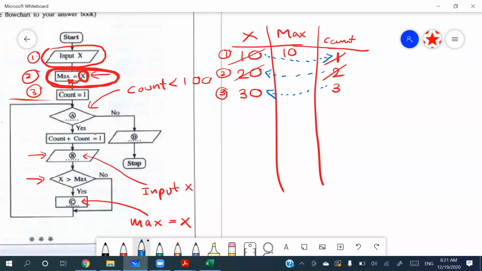So inside the iteration, first they increase the count, then they are asking for a number. So when the count is increased to 100, they will ask for the 100th value.